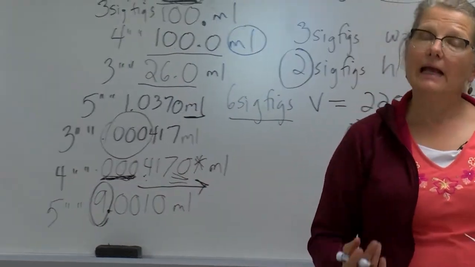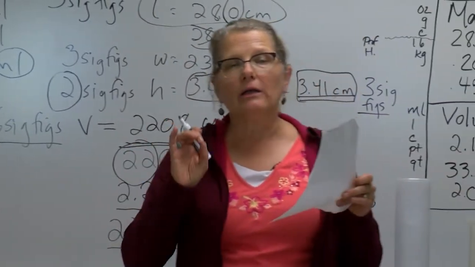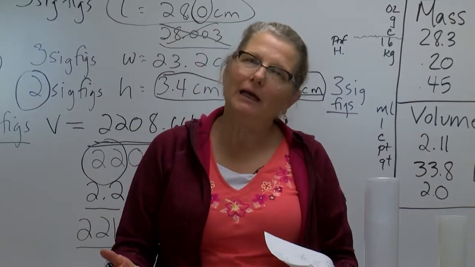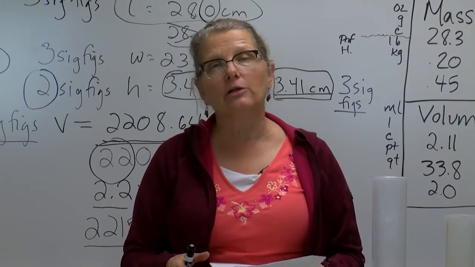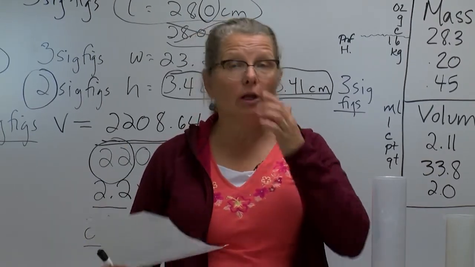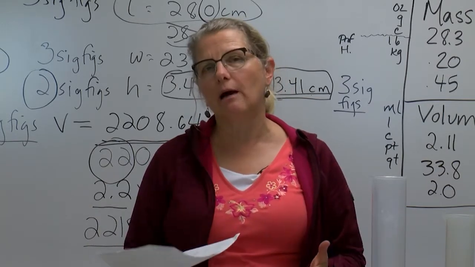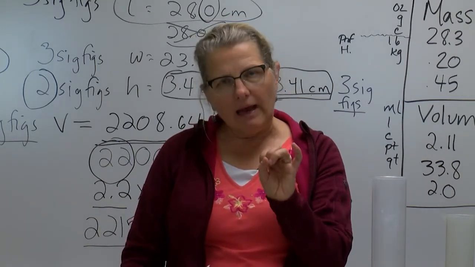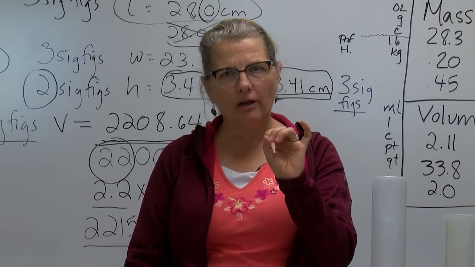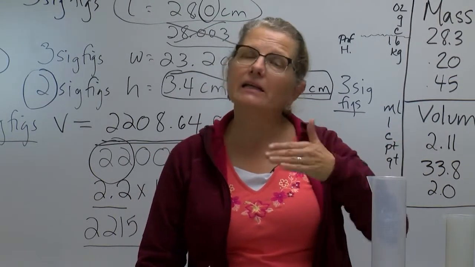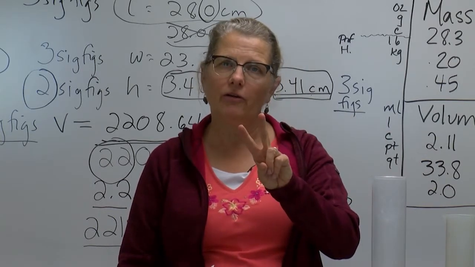Now, in today's lab, I'm going to be taking measurements. You normally would be in here taking the measurements, but I'm going to do all the measuring. I'm going to give you the numbers. You're going to have to figure out when you multiply these numbers or use these numbers, in the data, you will look at what is the least number of significant figures. Let's say the least accurate number has 2 significant figures.